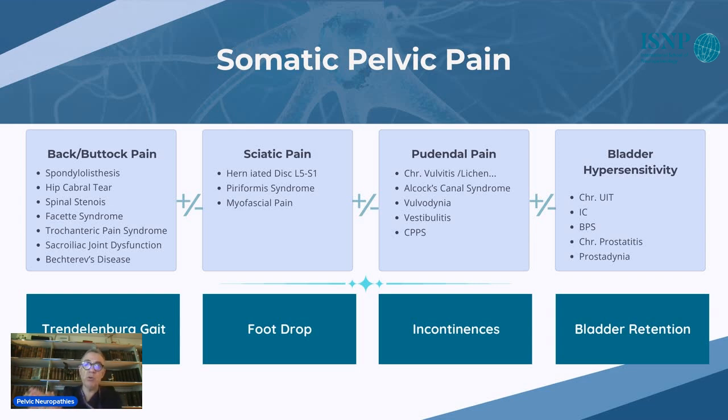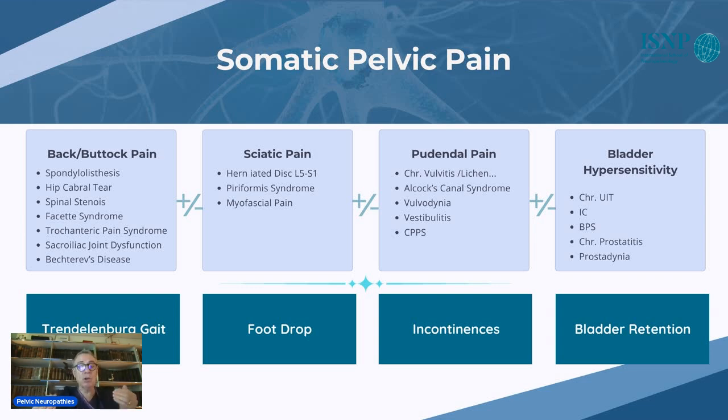Or if you go to a physiotherapist, it will be a piriformis syndrome or myofascial syndrome. And if you go to the gynecologist, he will tell you maybe you have a vulvodynia, vestibulitis, an infection of the vulva, or a lesion of the vulva. And the urologist will tell you you have a bladder infection, or you have an interstitial cystitis, or in men, you're suffering from chronic prostatitis and prostadynia.